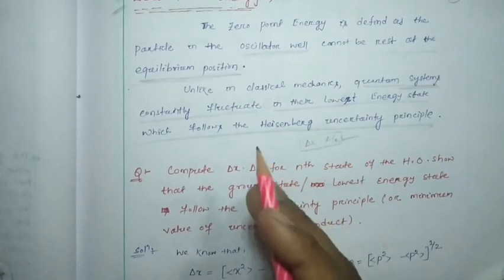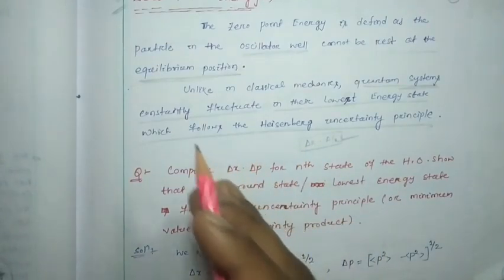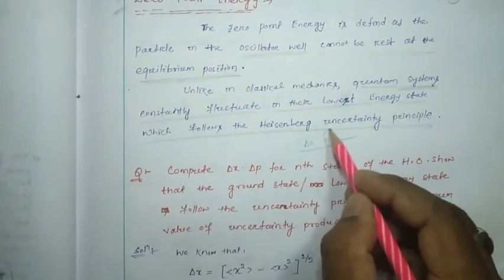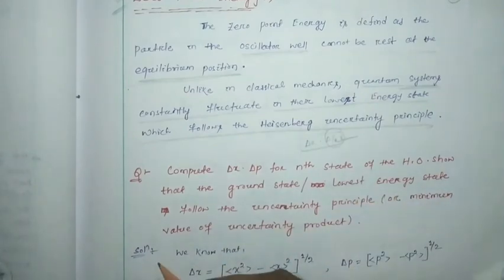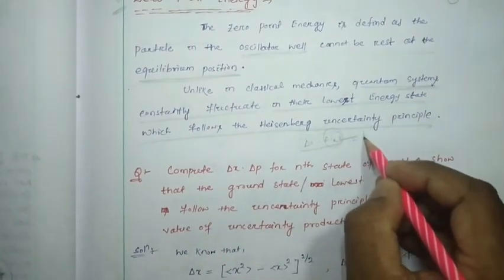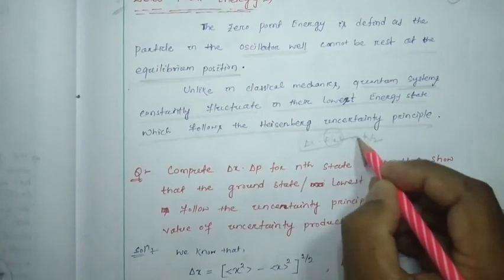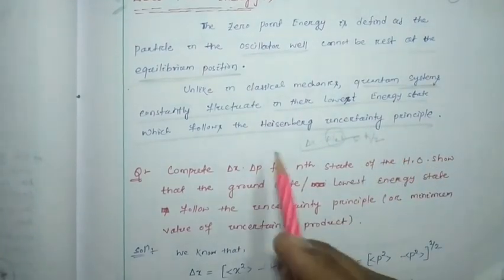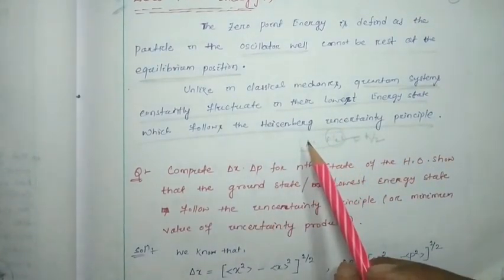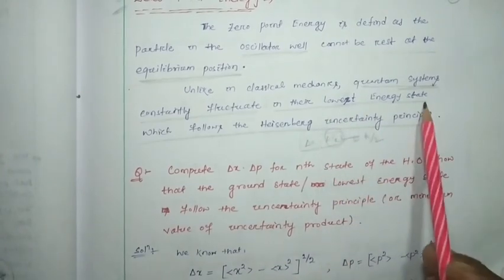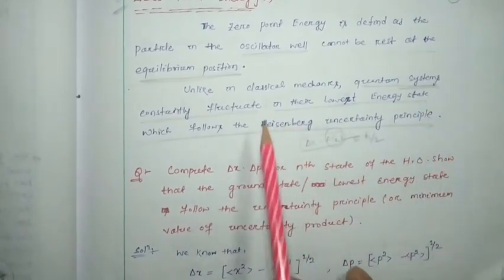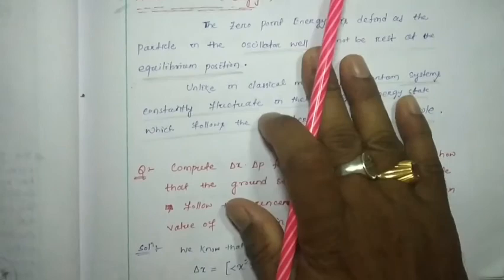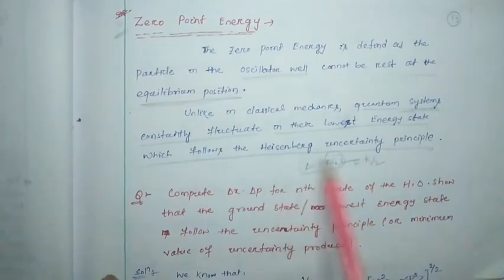If we predict the uncertainty of del x, the uncertainty of momentum also comes into the picture, and this will be approximately h cross by 2. So we conclude that at the lowest energy state, or the equilibrium position, the quantum oscillator is not at rest; it obeys the Heisenberg uncertainty principle.